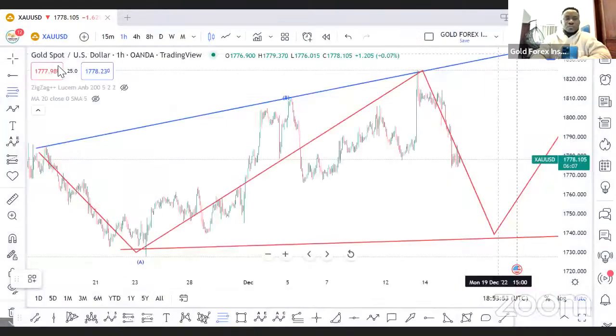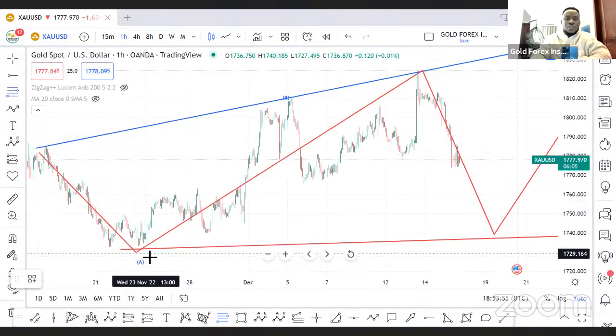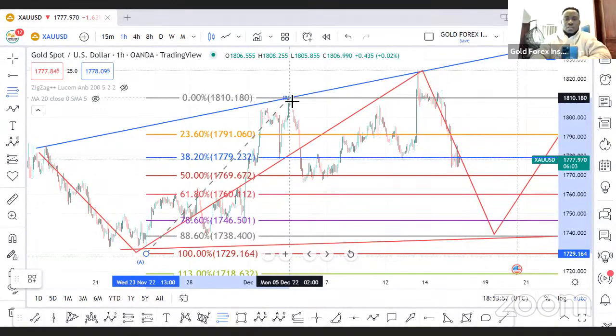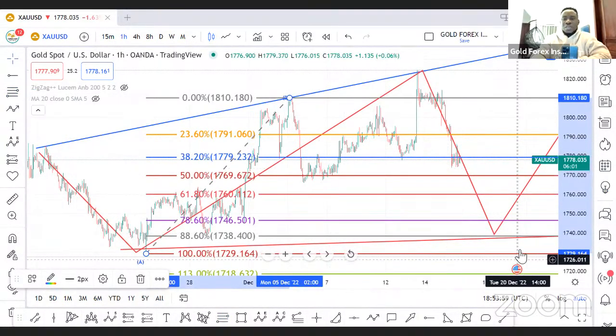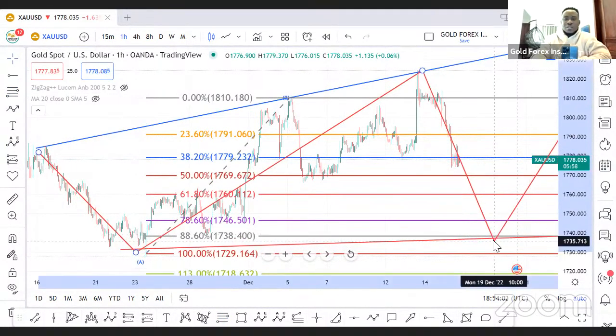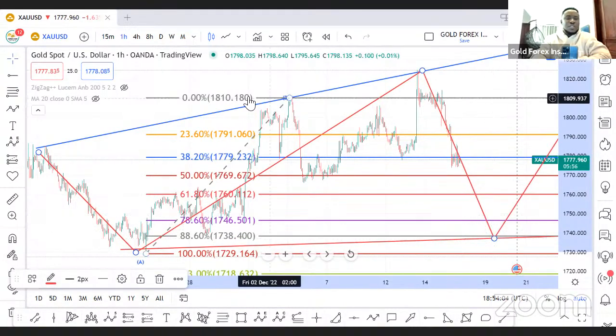From here to here, 50. So it's coming to 88.6 here, or 70, to form a flat correction, which will form something like this.